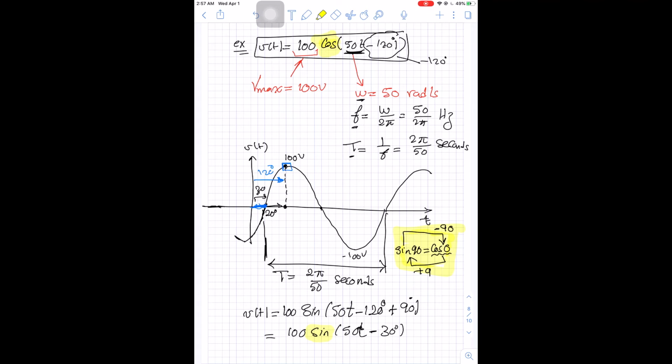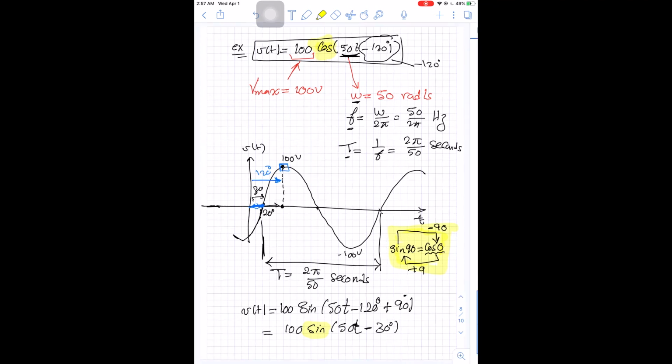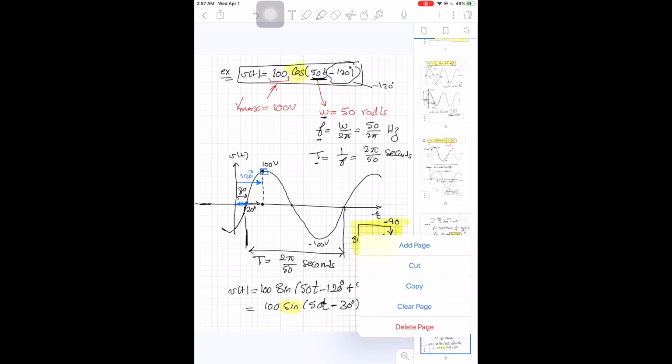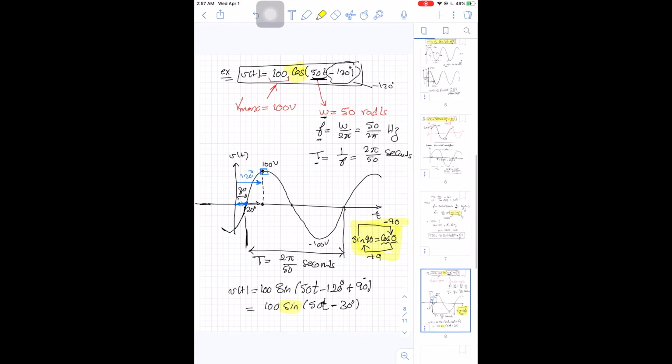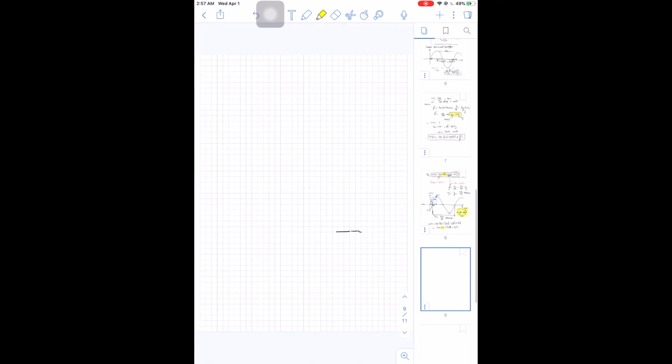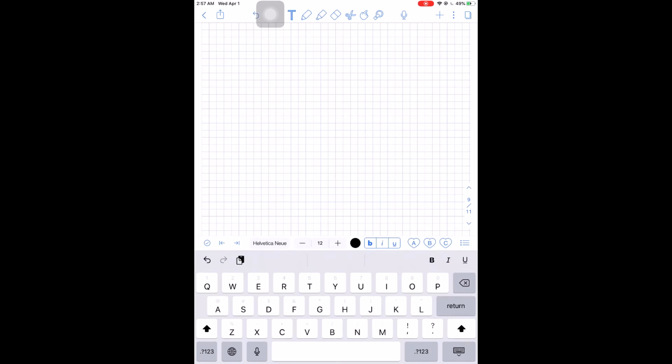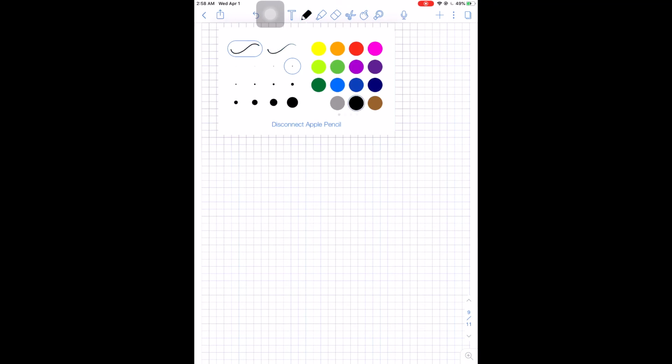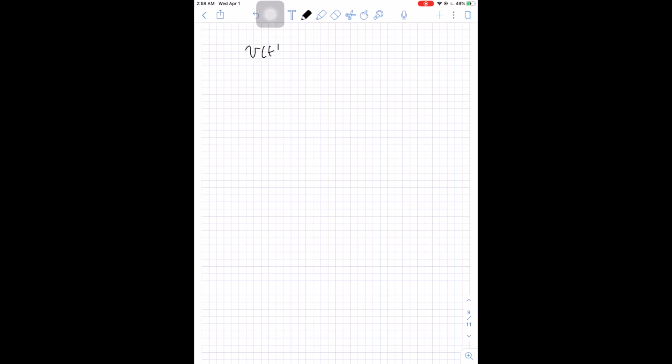So let's take another example here. What if we have V of t equals 350 sine 120t minus 30 degree?